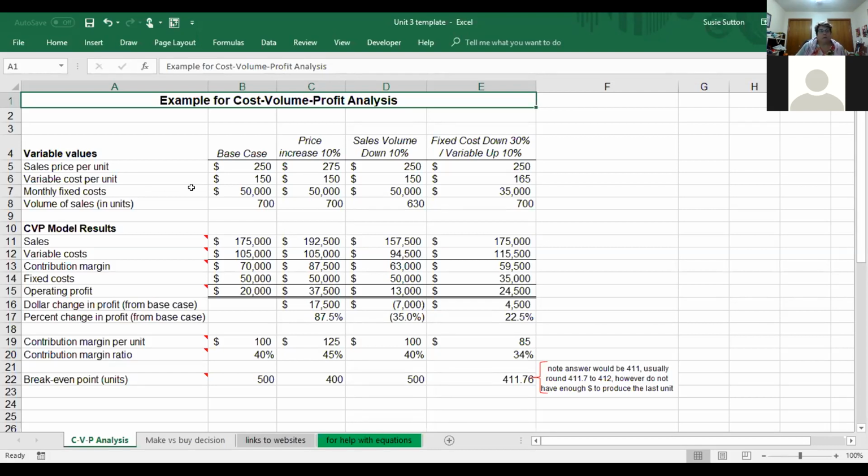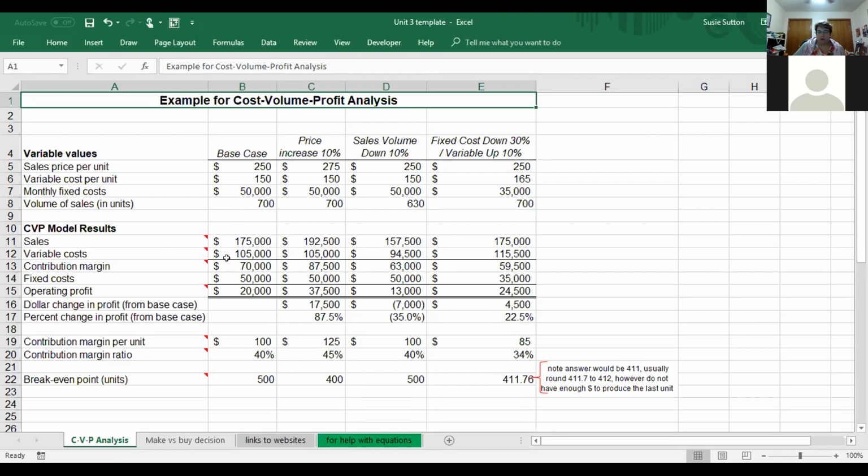And we're budgeting on selling 700 units. So with the 700 units at $250, that's sales dollars of $175,000, and then your variable costs, $150 times your 700 units, is $105,000. So that's your contribution margin of $70,000.